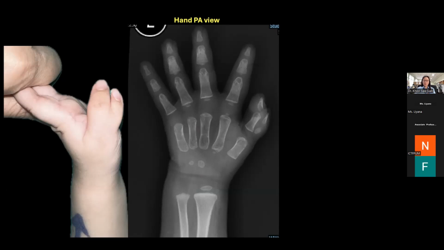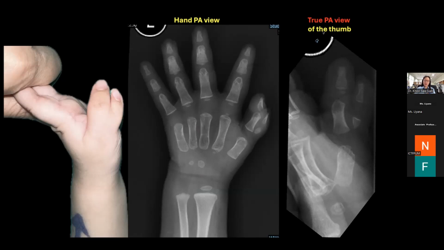So the true AP view of the thumb is what is shown in the picture on the left. As you can see, the joint surface is so different from what you can see in the hand PA X-ray. So that will affect how you manage the joint.